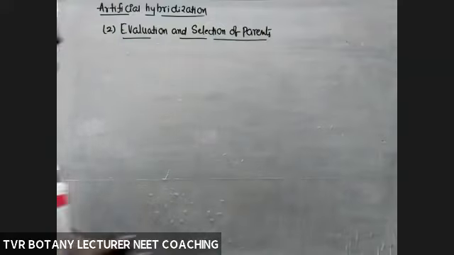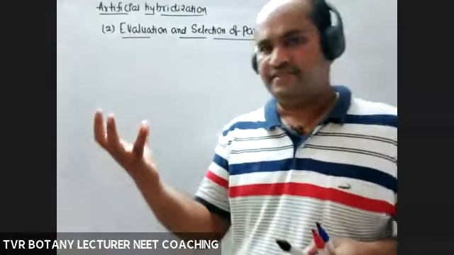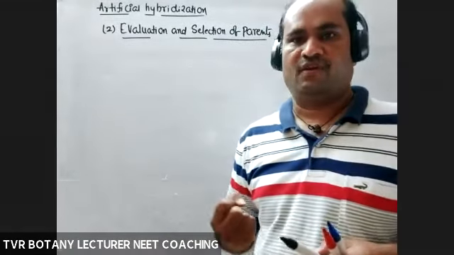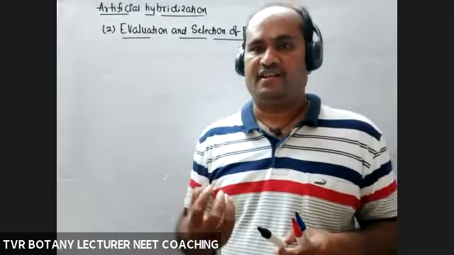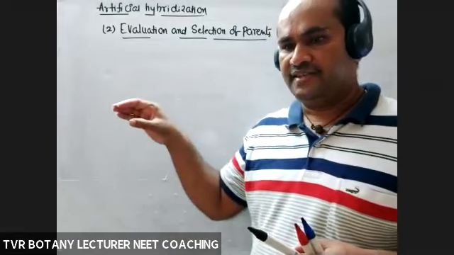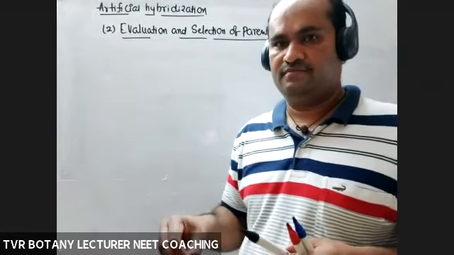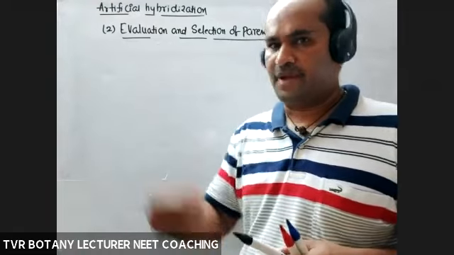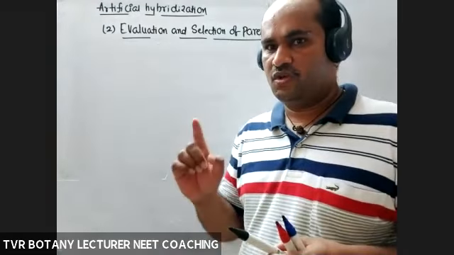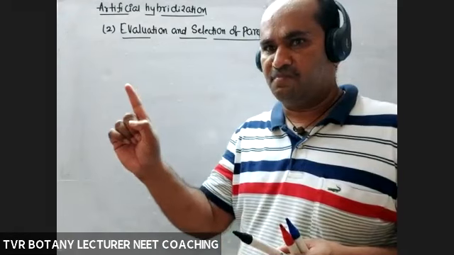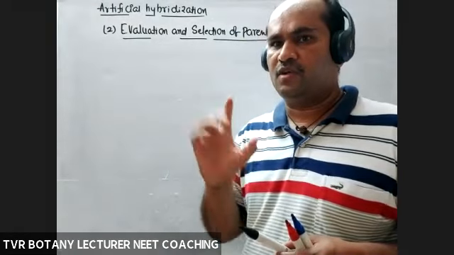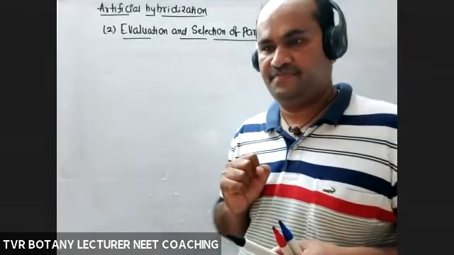What is that evaluation? For example, we got a certain number of seeds from India, our country, China, some other country. All these seeds are sown in the soil, seedlings develop, plants are produced. So out of that germplasm, we have to develop a certain number of progeny plants.